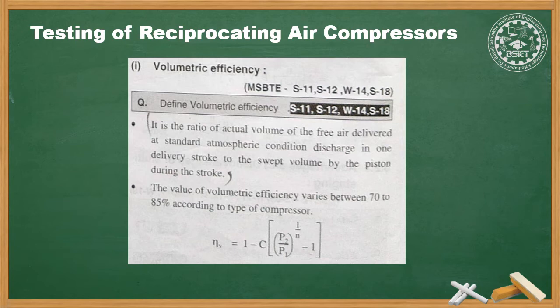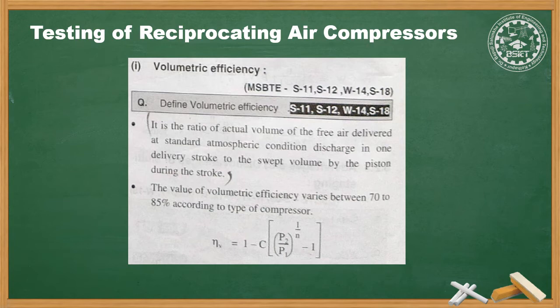It is given by the mathematical formula: ηv = 1 − C[(P2/P1)^(1/n) − 1], where C is the clearance ratio given by Vc, clearance volume, upon Vs, swept volume.